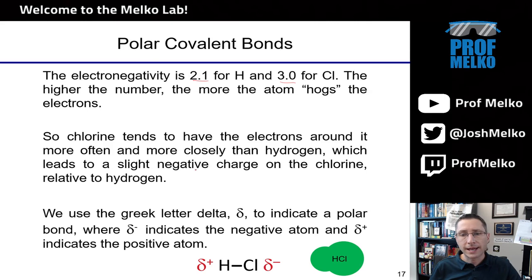So we get this slightly negative charge on chlorine, shown here with this delta symbol at the bottom, as opposed to hydrogen, where we use this delta positive symbol. The higher electronegativity value is delta minus, the lower number is delta plus. And we're comparing the things that are bound to one another, forming this polar covalent bond.